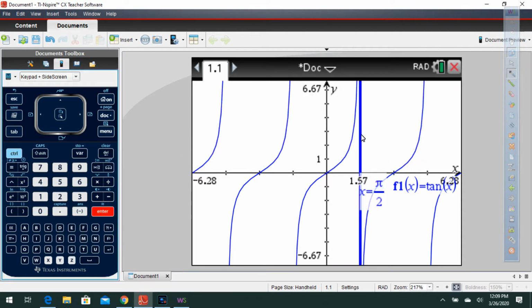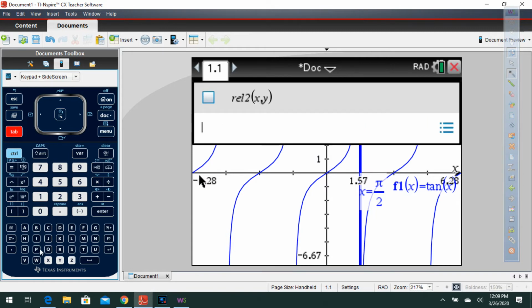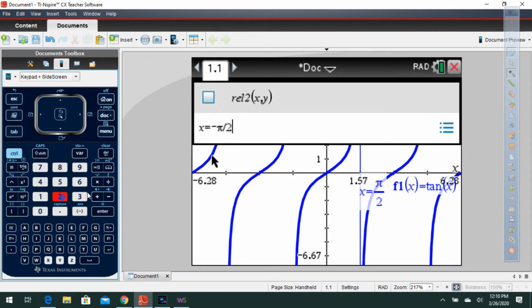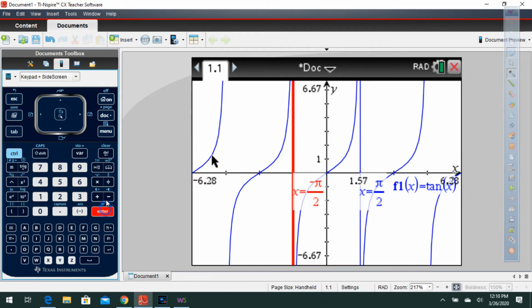And then you see what I'm talking about? That's pi over 2, and we'll do the other two. x equals negative pi divided by 2. All right, so this would be negative 3 pi over 2, and that would be positive 3 pi over 2. So here are your asymptotes.